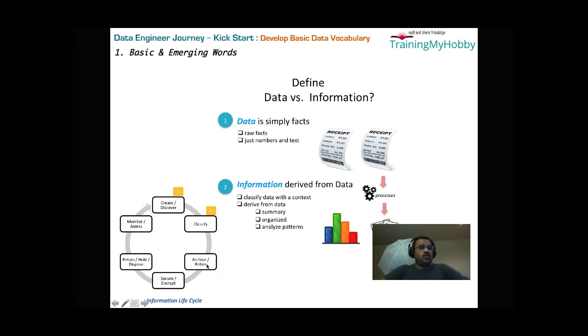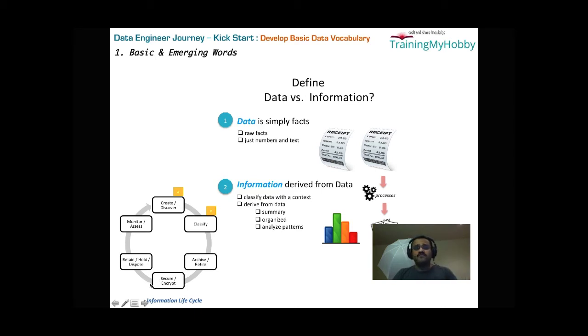Archive it because you are already done with its analysis, you got enough information from that raw data, and you want to archive it maybe for a couple of years to use it later. Or you retire it because the product is no more available if it's personal use, or if it's an enterprise, the structure of the data has changed.